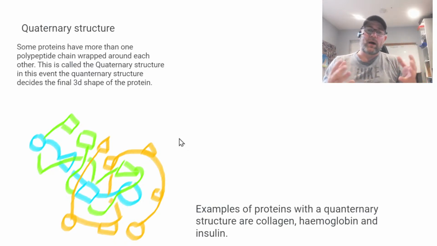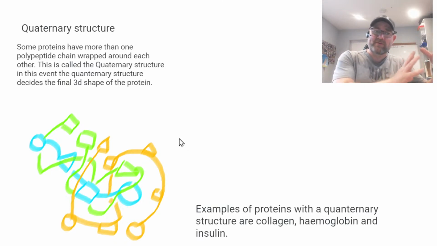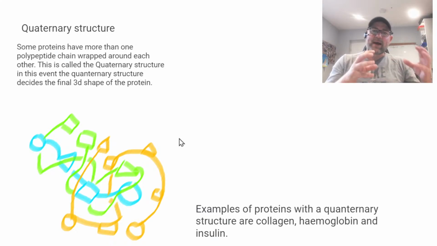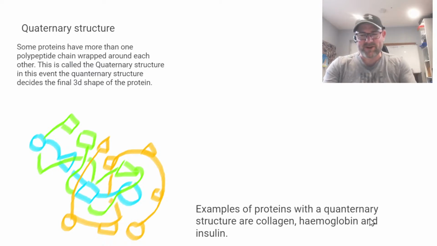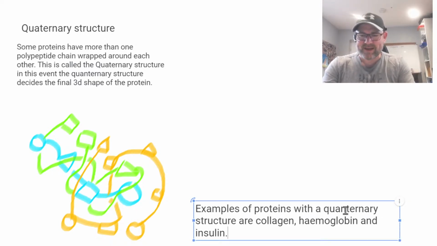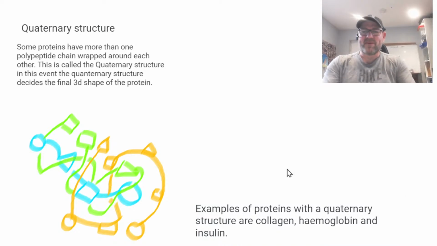And we call that a protein that has a 4th level of structure, a quaternary structure. That's when you have more than one polypeptide. In that situation, that becomes the final 3-dimensional shape for the protein. Some examples of proteins with a quaternary structure are collagen, hemoglobin, and insulin.